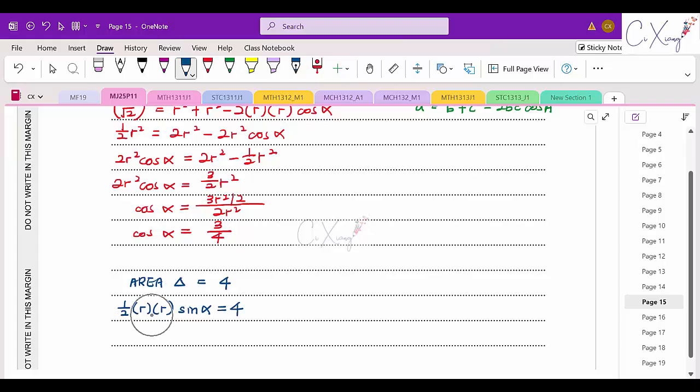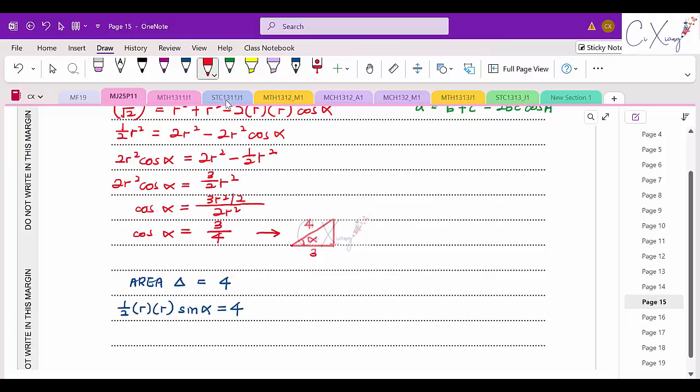Can I get the value for r? Yes, because you already got the value for alpha just now, right? I just didn't purposely go and figure it out. Then you have to go back to our result just now. If cos alpha is 3 over 4, and I draw it using a diagram, let's say this is the angle alpha, 3 will be the adjacent length, 4 will be the hypotenuse.